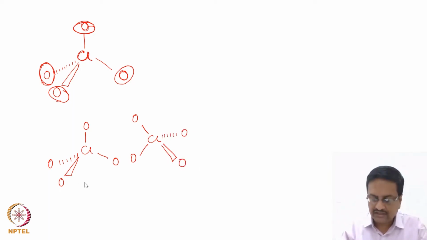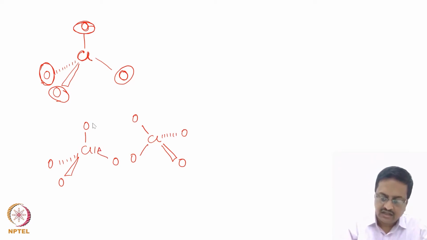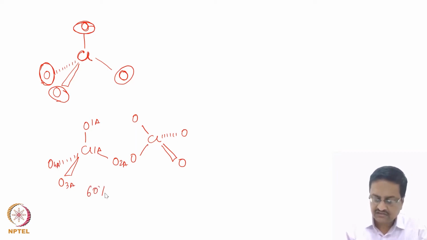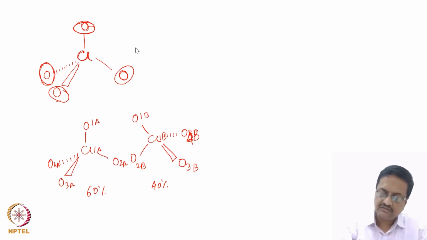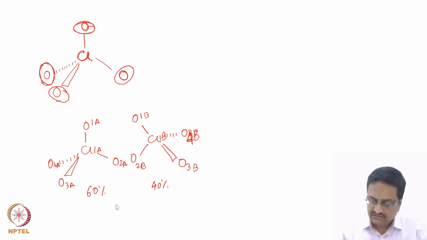So maybe the perchlorate anion at this location, which we mark as, suppose, 1A, with oxygens 1A, 2A, 3A and 4A, here it is maybe 60%, and there 1B is about 40%. So how to deal with this static disorder?